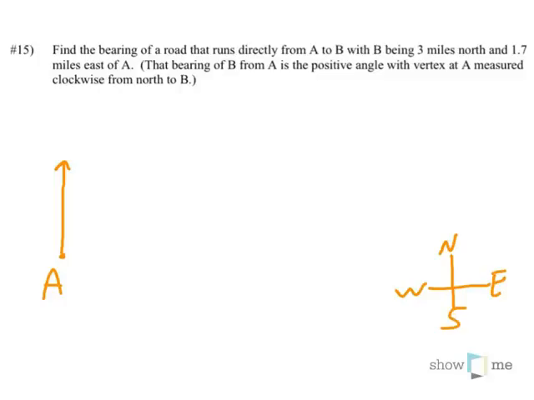If we go north 3 miles, and then east 1.7 miles, that takes us to B. But it's saying that this road goes directly from A to B. So this purple thing here is the road.